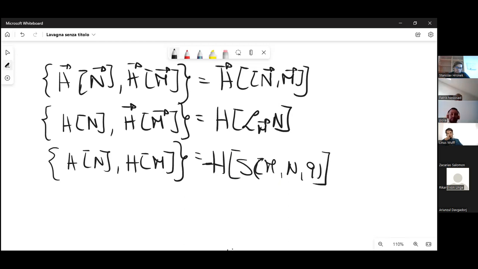Now this s is a function of the two test functions n and m, and also the metric q. And explicitly, this in components and coordinates is given by this formula here.